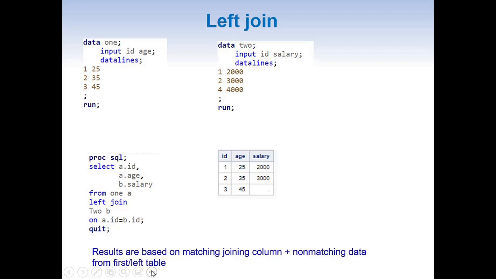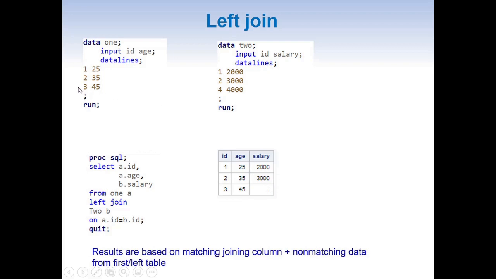What does that mean? When ID1 has a match in both the tables, we see the results in here. When ID2 has a match in both the data sets, we see a result in here.